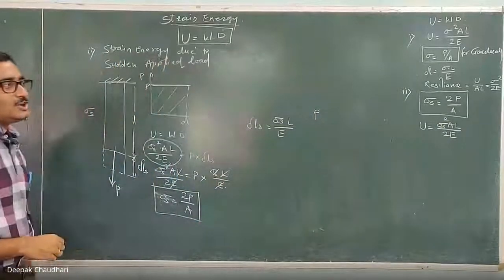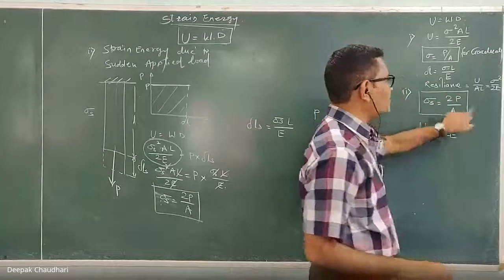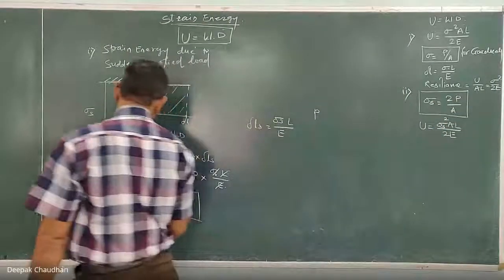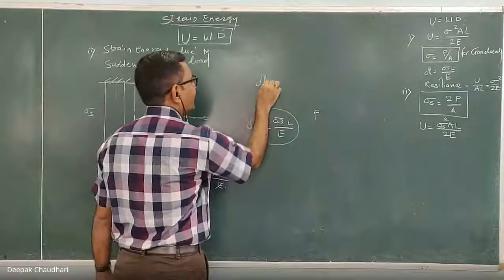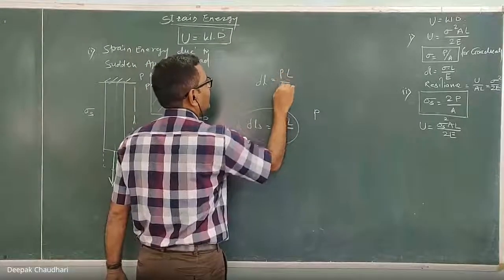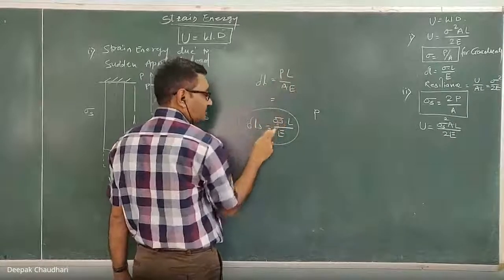The stress induced because of the sudden applied load is equal to 2P upon A. Again in this case, for this delta LS, if you want to calculate the deformation, don't use the formula PL upon AE. Instead of that, use this formula.